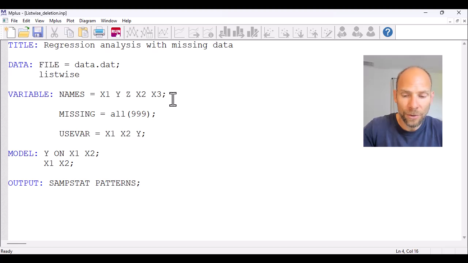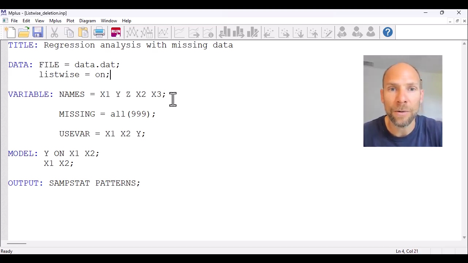And so if we turn listwise to on by stating listwise equals on, then Mplus will turn off full information maximum likelihood estimation with missing data, and it will delete all cases that have missing scores on one of the three variables or more. So even if somebody has data on y and x1 but not on x2, for example, then they would be kicked out.